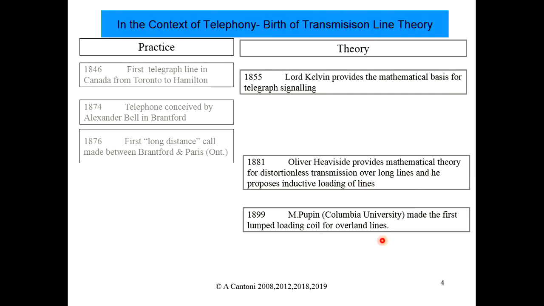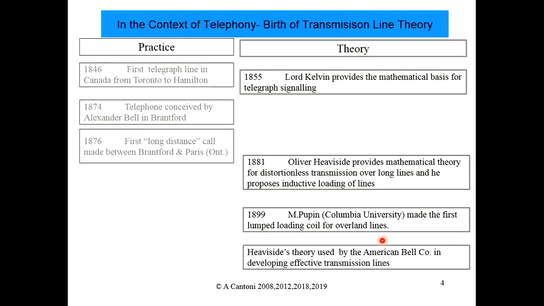Later they applied that way of improving the performance of transmission lines for actual transmission. So he was probably the guy that developed the theory for transmission lines and showed how they could be improved and used.